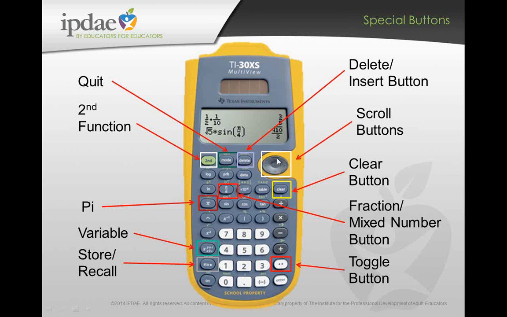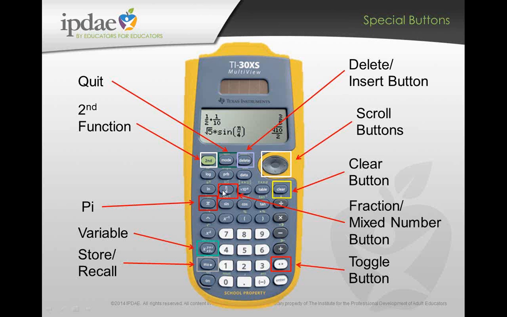These four buttons right here, up, down, left, right, they look like PlayStation 2 or Xbox joysticks. Right here are your scroll buttons. This is how you can move the cursor to different areas in your calculator screen so that you can insert, delete, or modify certain portions of your entries.